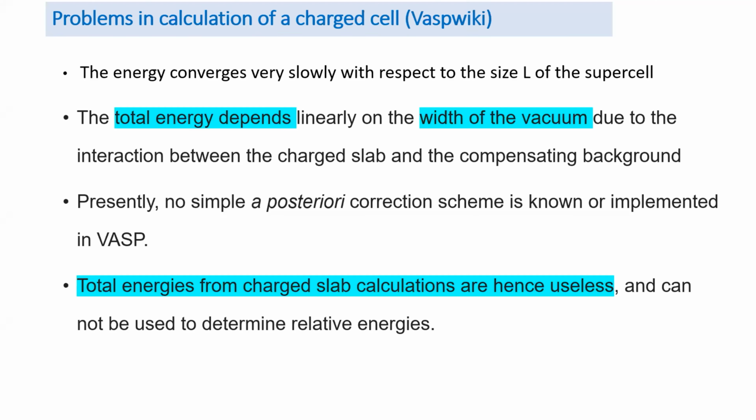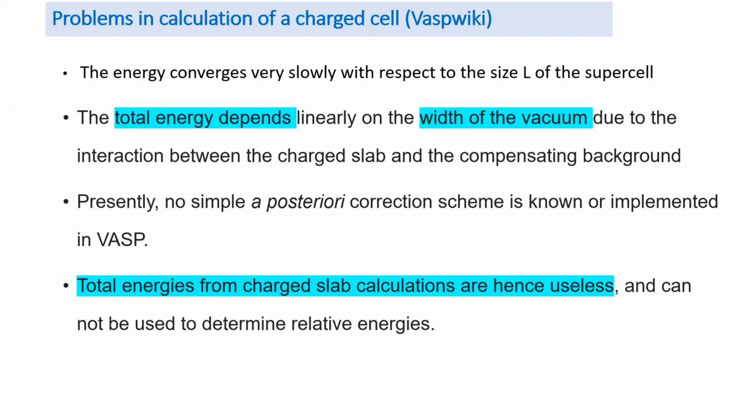Presently, no simple a posteriori correction scheme is known or implemented in VASP, so the conclusion is that total energies from charged slab calculations are useless and cannot be used to determine relative energies.